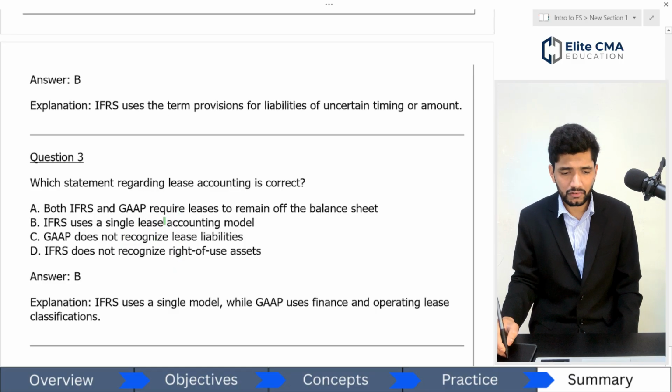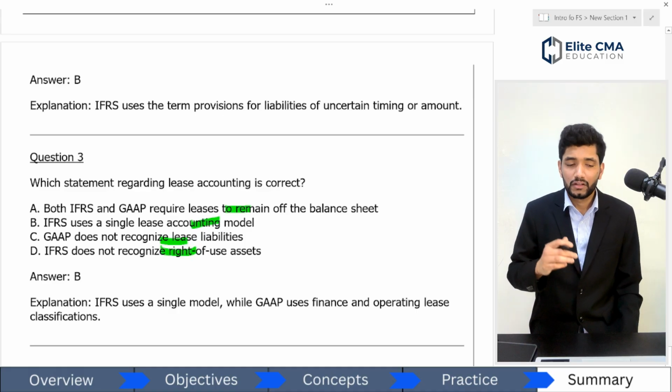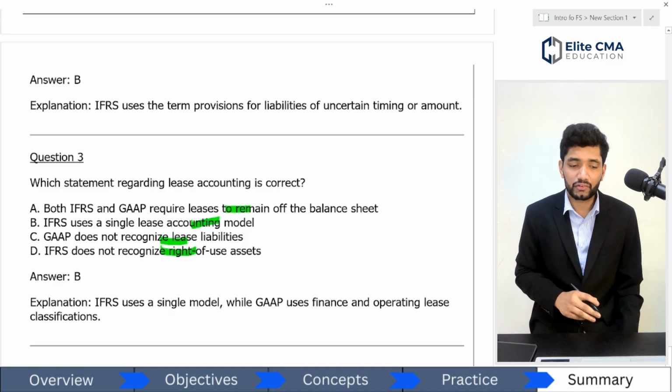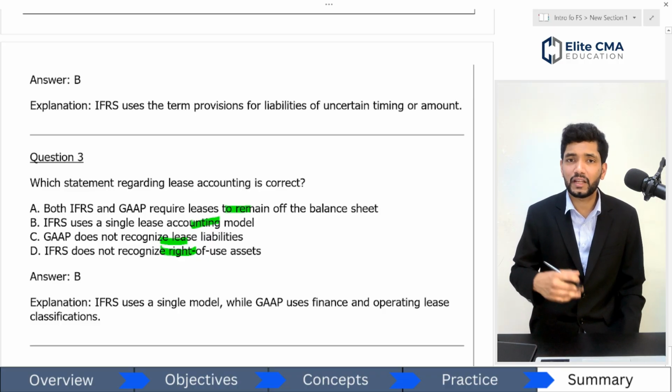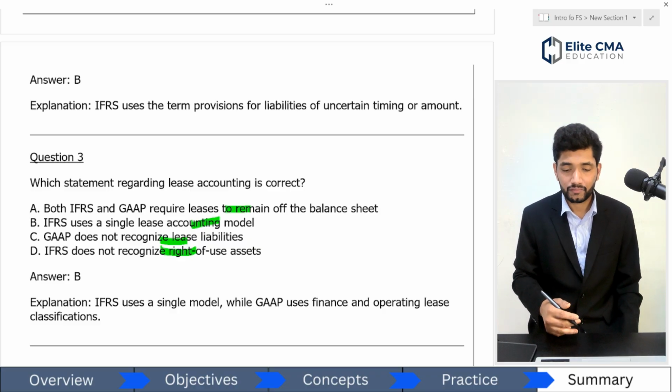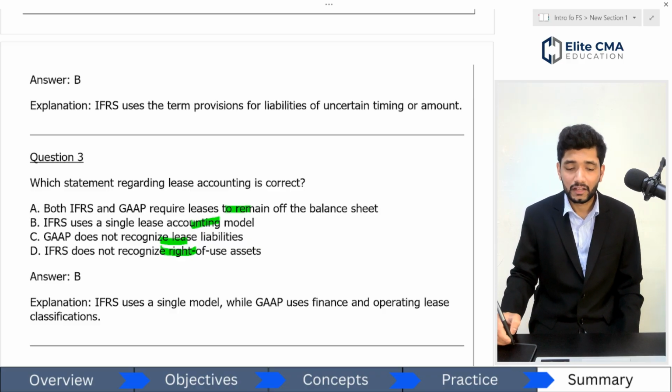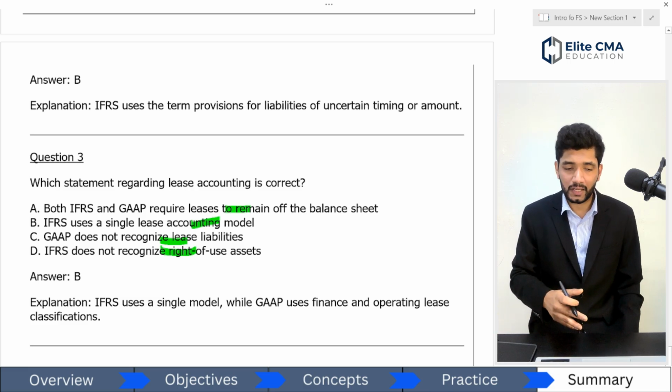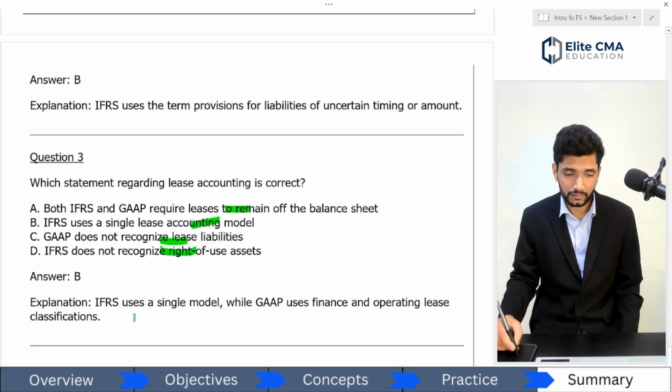Both IFRS and US GAAP require leases to remain off balance sheet. IFRS uses a single lease accounting model. US GAAP does not recognize lease liabilities. IFRS does not recognize right-of-use assets. The correct answer is that IFRS uses a single lease accounting model, that is financing leases only, while US GAAP uses operating and financing lease classification.